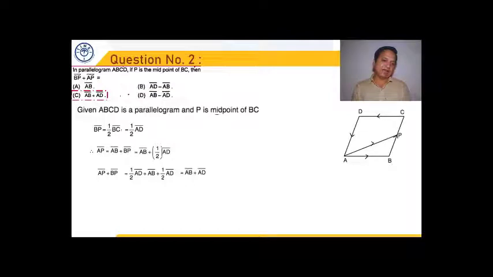And then the value of the one which we are required to find, that is AP plus BP. AP is AD by 2 plus AB and BP is AD by 2. So half of AD vector plus half of AD vector gives us AD vector. And AB vector was already there. So answer comes out to be AB plus AD. That comes in choice C as answer.